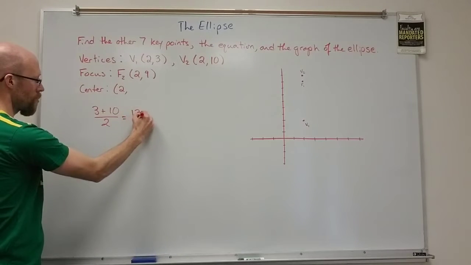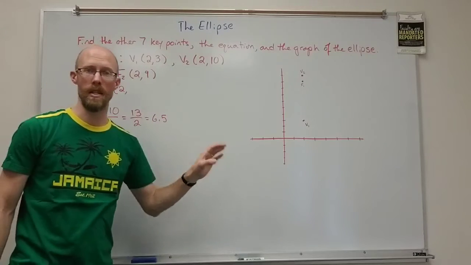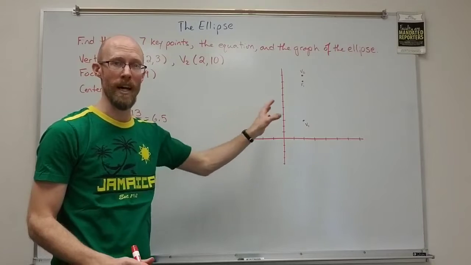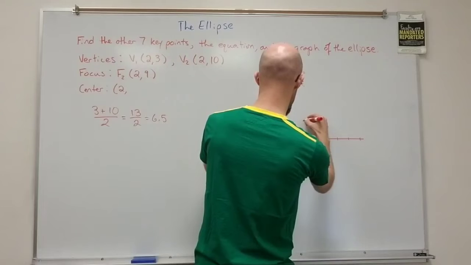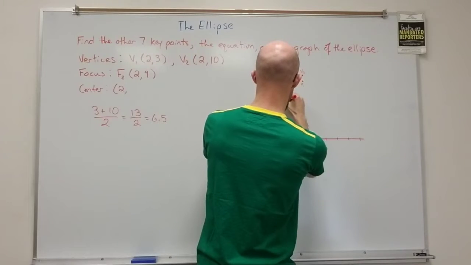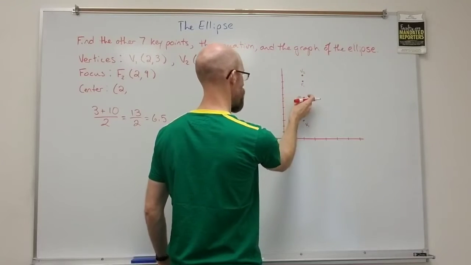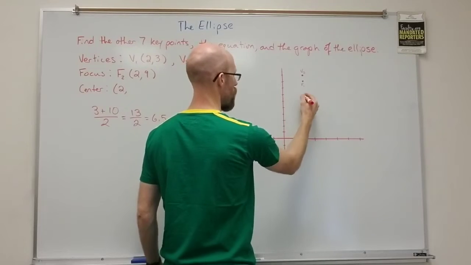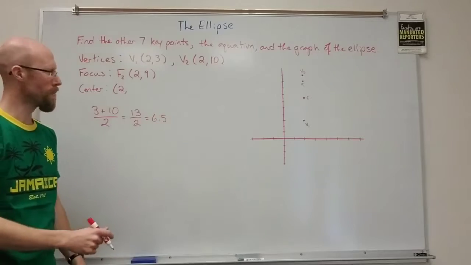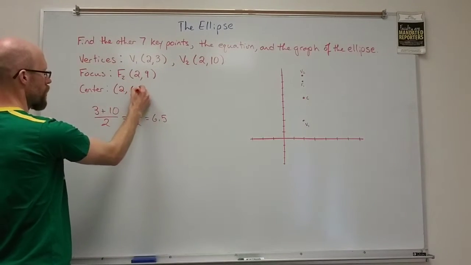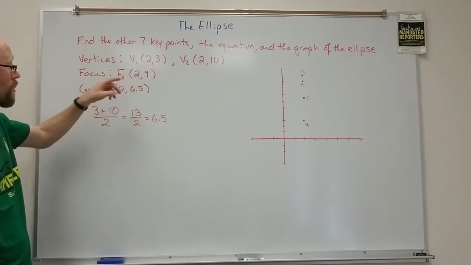That gives me 13 over 2, which is 6.5, okay? I'm going to go ahead and put these in as decimals. I don't always do decimals, but because I'm plotting this, I like the decimal form. So I want 6.5. Let's see, 3, 4, 5, 6.5. We'll bring that over. So there's our center. Okay, that's big C, even though it was kind of little up there. And of course, I'll put that coordinate in. (2, 6.5).